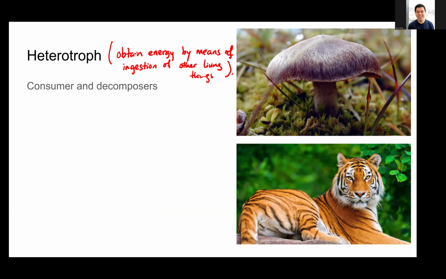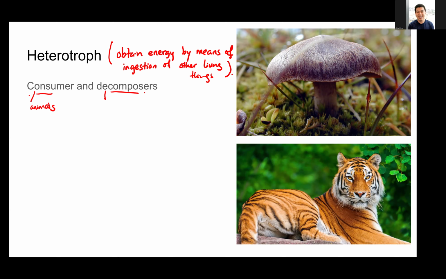We can subdivide heterotrophs into two types, consumers and decomposers. Consumers, as you're aware, are like animals, right? They eat food and then break down the food and obtain the energy from it.